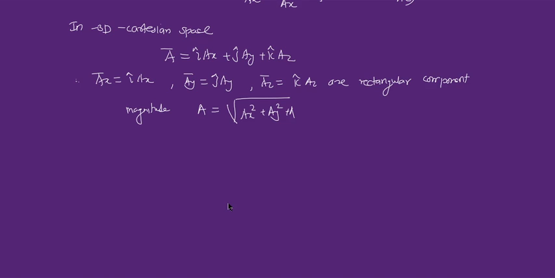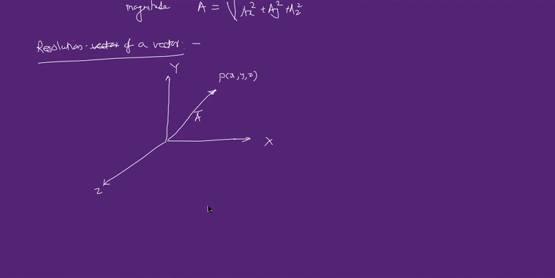This is the z axis, this is the y axis, and this is the x axis. For example, I am showing this point P, which has coordinates x, y, and z. Now draw a vector from the origin to this point. This is my vector A bar, the position vector of point P from the origin.